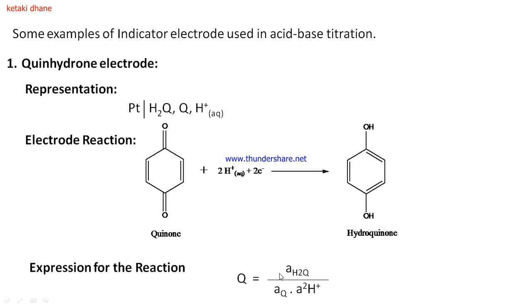When we express the reaction quotient, Q is equal to the activity of the reduced state, hydroquinone, divided by the activity of the oxidized state, quinone.